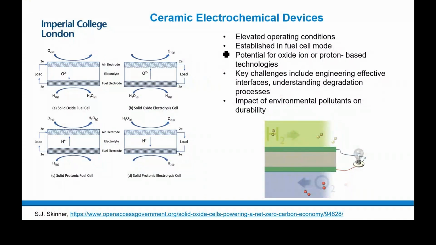So essentially, we're looking at these as elevated operating temperatures in excess of 500. The technology is pretty established for fuel cell, less established for electrolysis. That's one of the key development areas. And your challenges are the engineering, the effective interfaces. So these interfaces between electrodes and electrolytes are critical. And also, we're running in atmospheric air, but atmospheric air isn't pure.